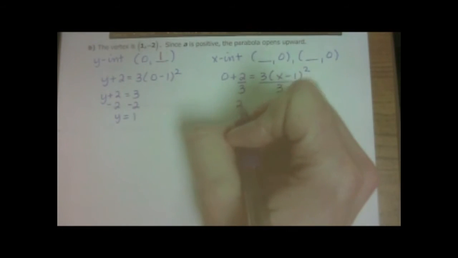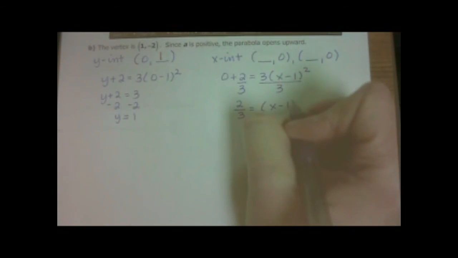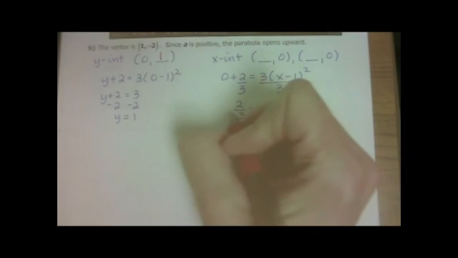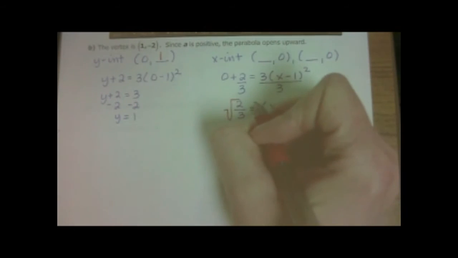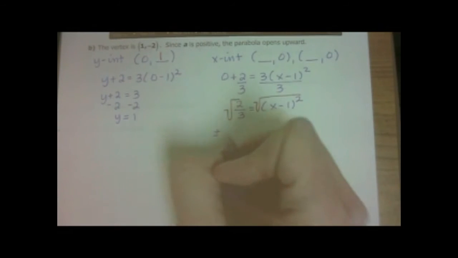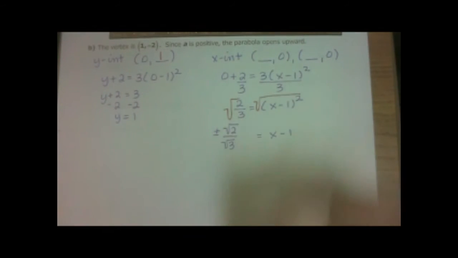So I've got 2/3 equal x minus 1 quantity squared. Now I'm going to square root both sides. This gives me plus or minus the square root of 2 over the square root of 3 using my product rule equals x minus 1.